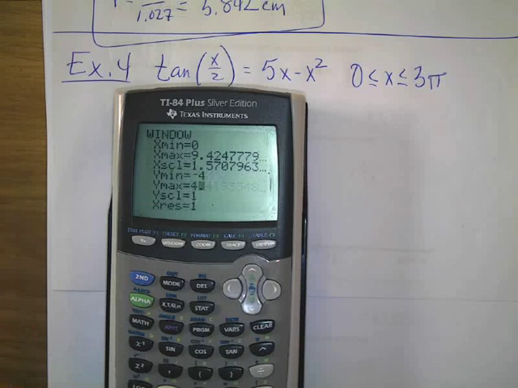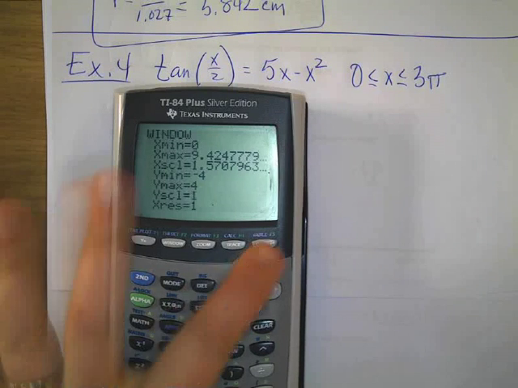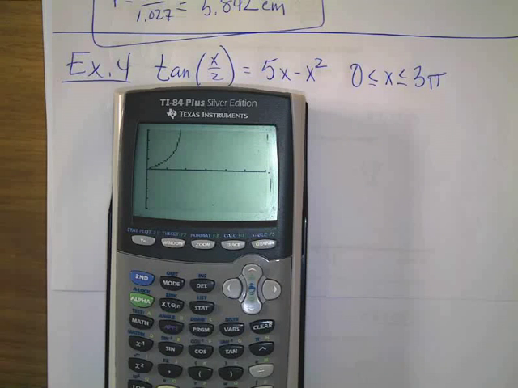Change this back to negative 4 to 4. We can change it if we need to. That's 3 pi. Please don't try to do all the decimals. Just go 3 pi. Okay, there's the tangent. Oh, and there's our parabola. Beautiful.